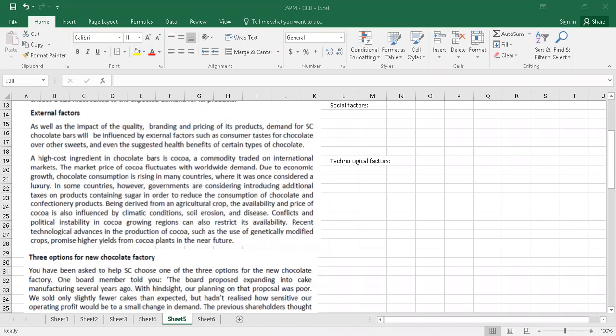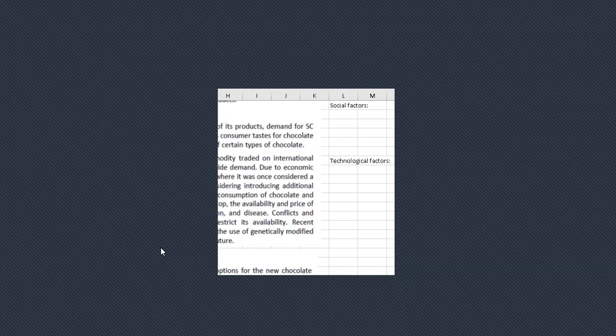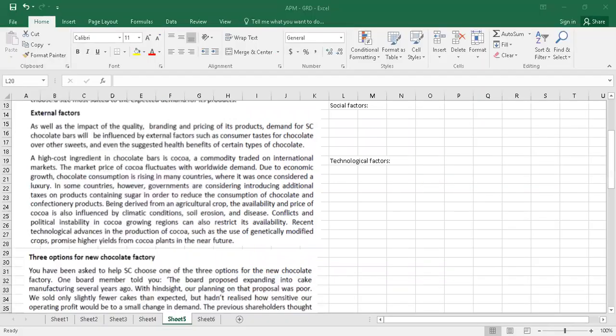So you just explain in the examination. I'm just writing in simple terms. You explain that clearly. Consumer taste for chocolates over other sweets.